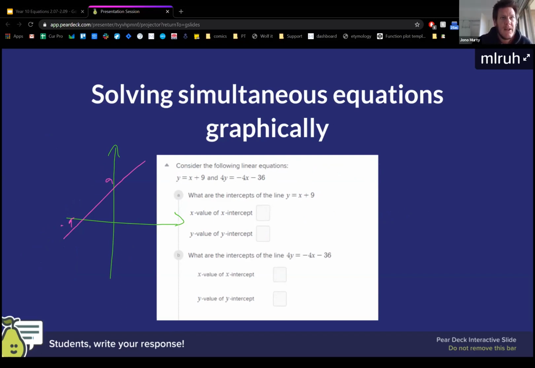And I also have y is equal to minus x minus 9. We know that has to pass through here at minus 9 and has a negative slope, so it's going to look like this here. They both meet at this point here.